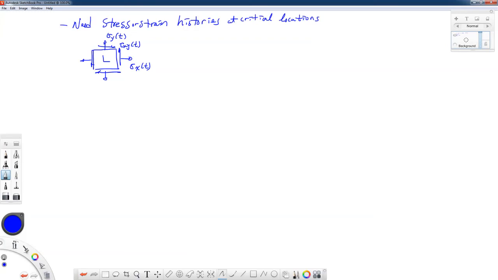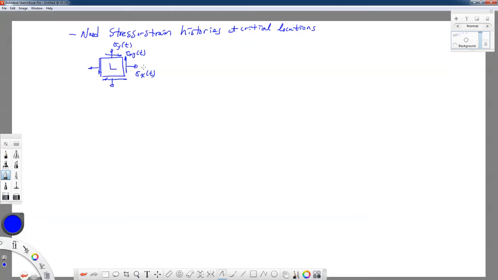Here I'm just drawing a plane stress state because it's easy to use and it's pretty typical. As I mentioned, we could do this for a fully three-dimensional stress state if we want. We could have more candidate critical planes in that case as well, though. So we do need a stress history, or we can start with a strain history or vice versa.